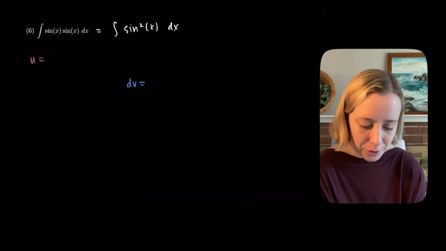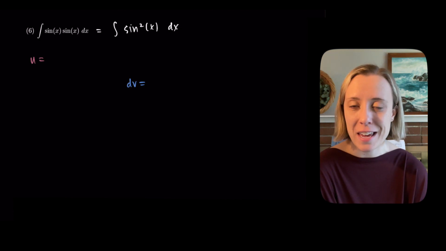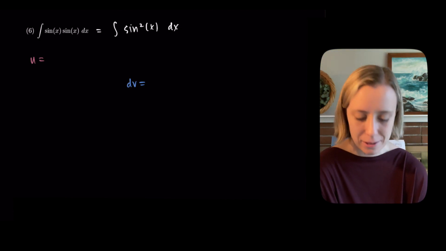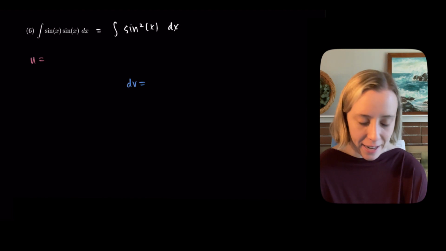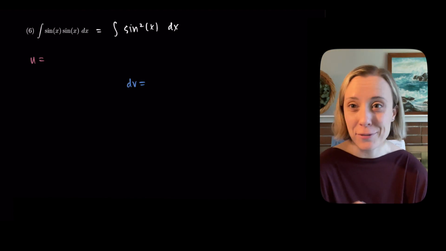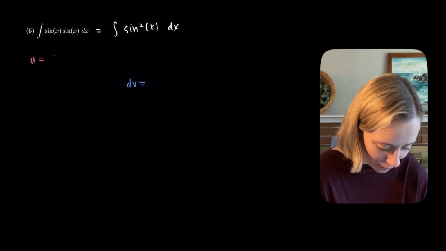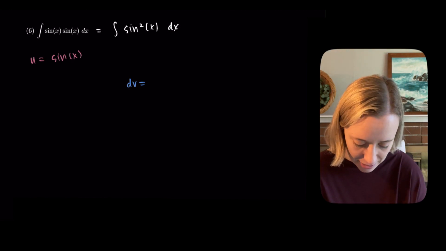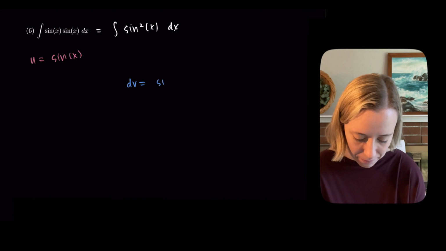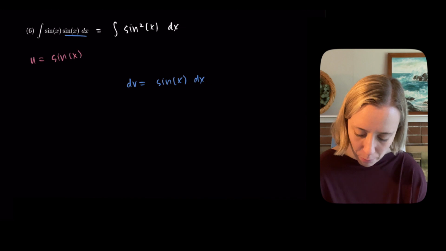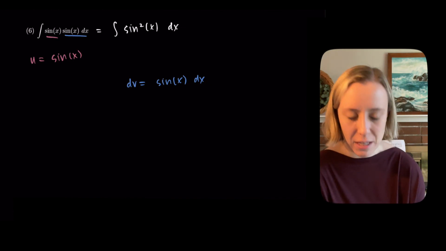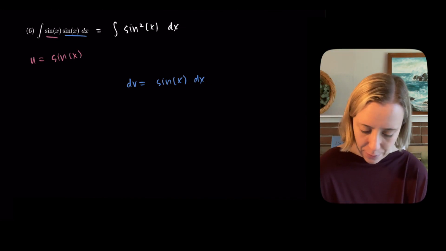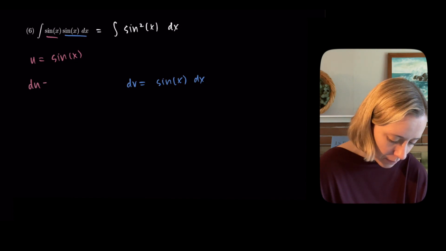For integration by parts, we pick our u and our dv, and then we find the corresponding other components. If I have sine times sine, I'm just going to have to use sine as my u. There's no other option. So if sine is u, sine dx is also our dv. I'm taking both parts of this and making them the u and the dv. Then we need to find our du and our v.